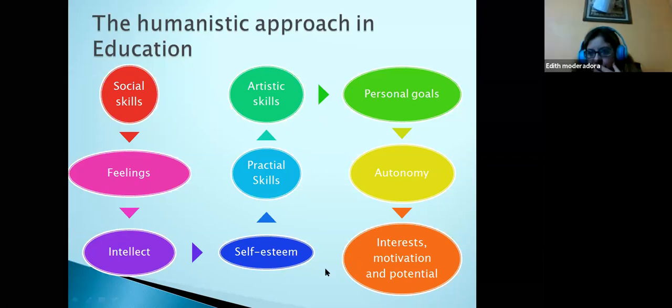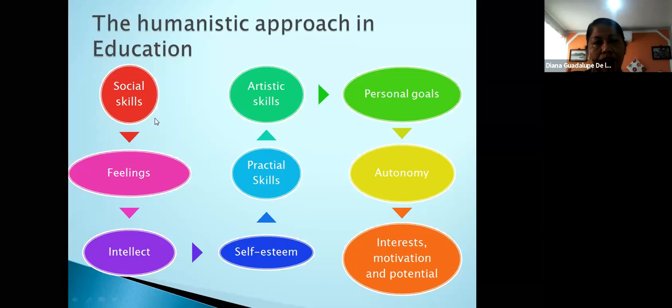When you receive a nice message, you increase your self-esteem. It is a practical skill because since you are sharing feelings and you are communicating messages, it is part of practical life or how the language works in a practical way. Practical, I misspelled this word. It's not artistic, but in some manner you're promoting autonomy.